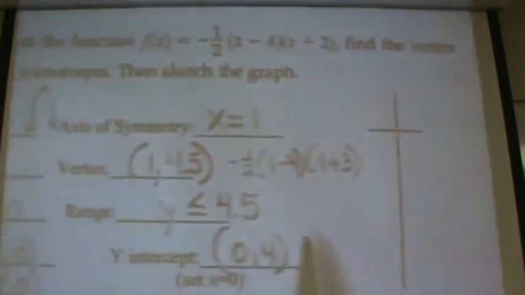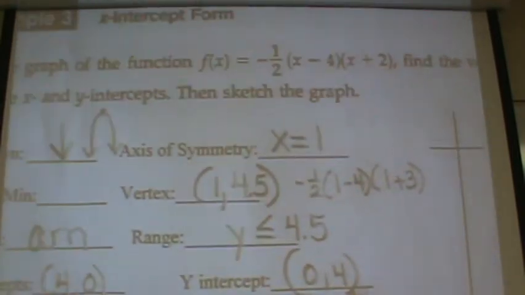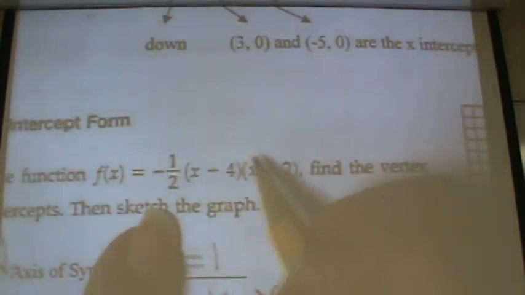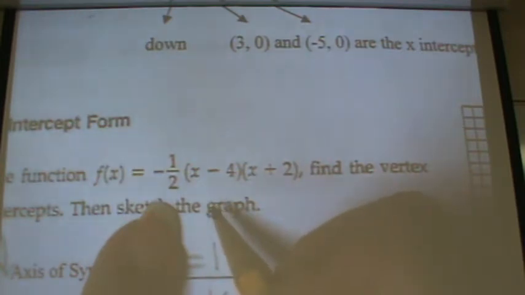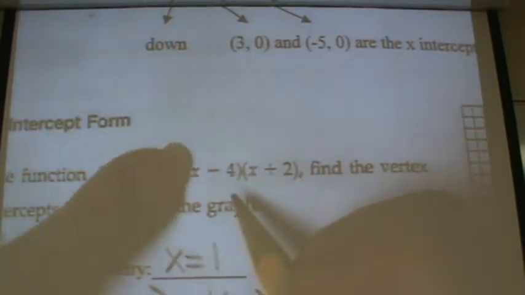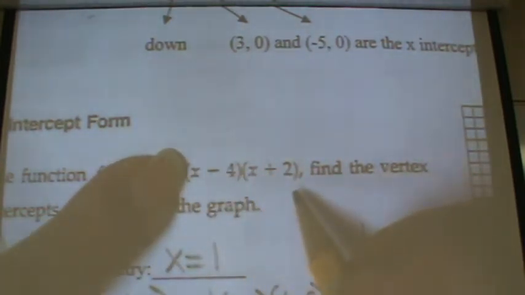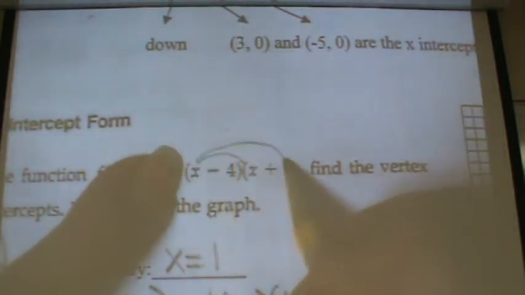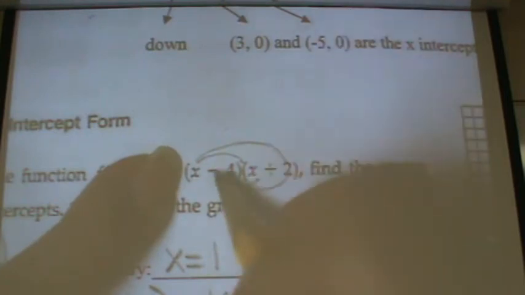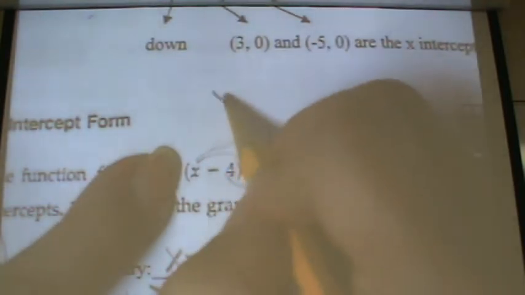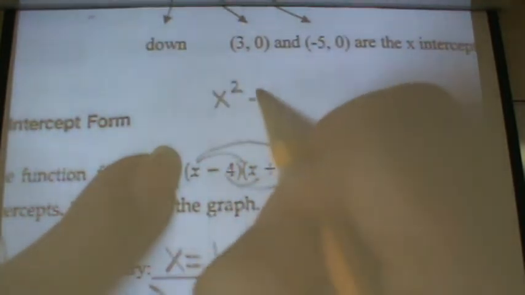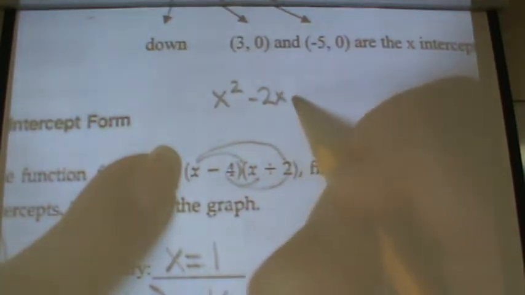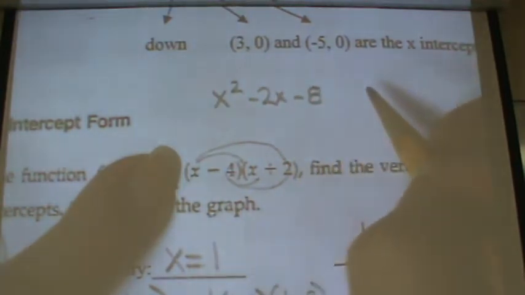Is there another way we could have figured out the y-intercept? Could we have transposed this into another form? Can you FOIL x minus 4 times x plus 2? What do you get when you FOIL that? X squared minus 2x minus 8.